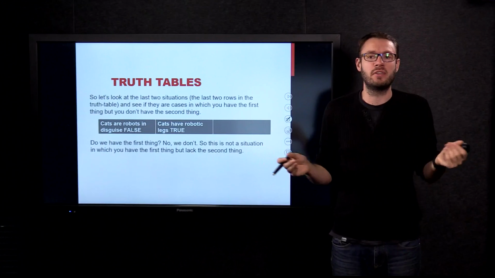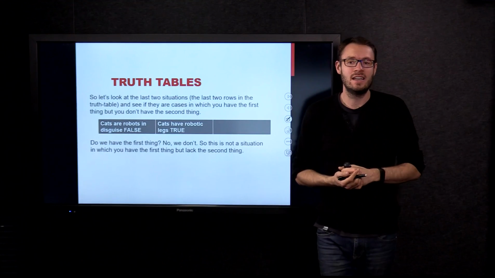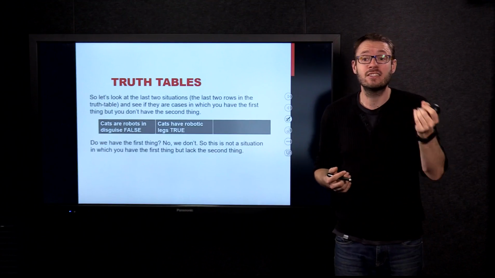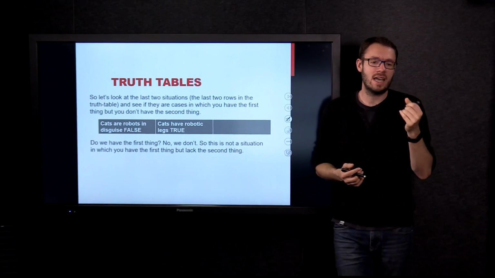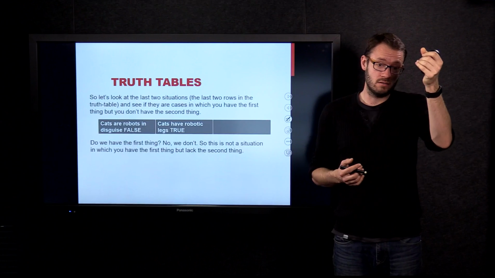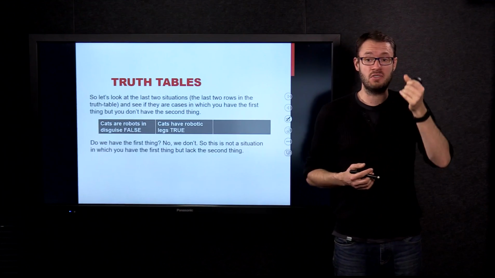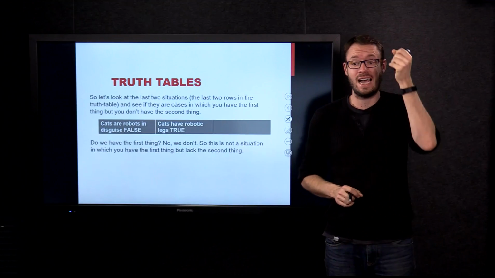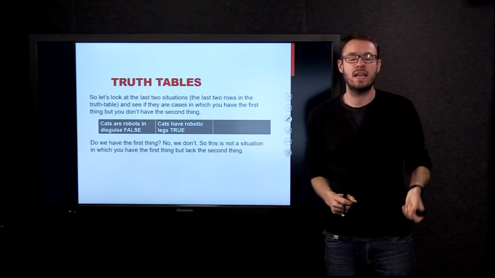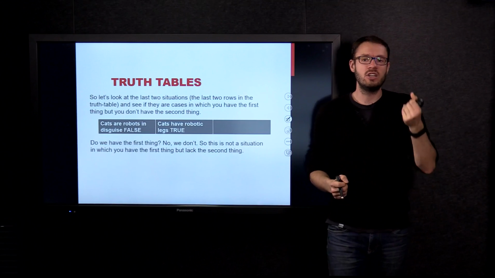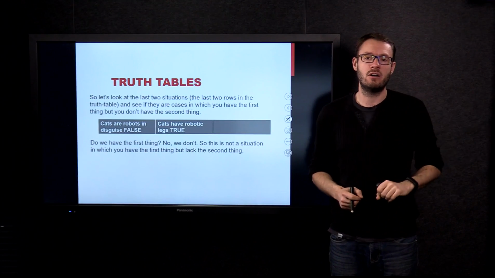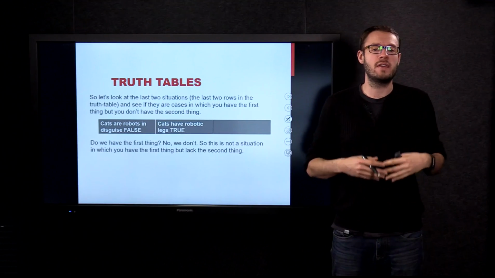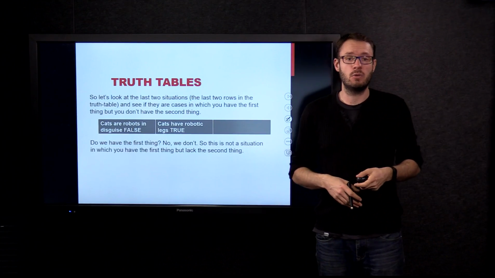Well, a very natural thing to think is that when something is not false, that's just another way of saying that it's true. So when you don't even have the first thing, the conditional claim is not false. If not being false just means being true, then it follows that the conditional claim in this situation is true.